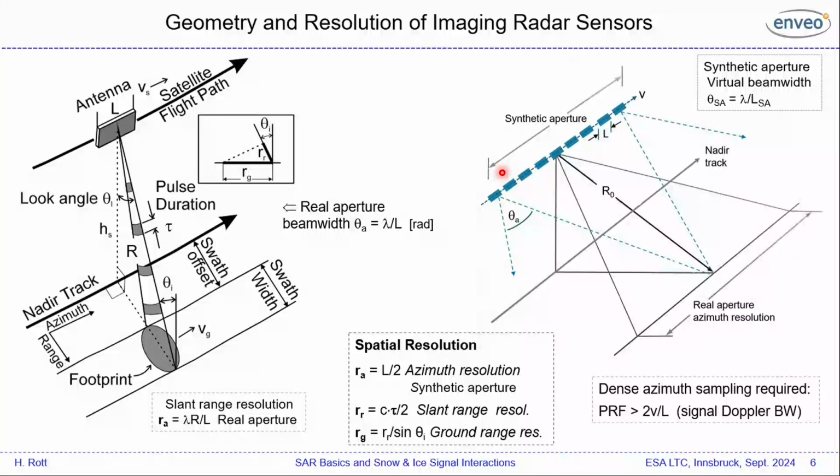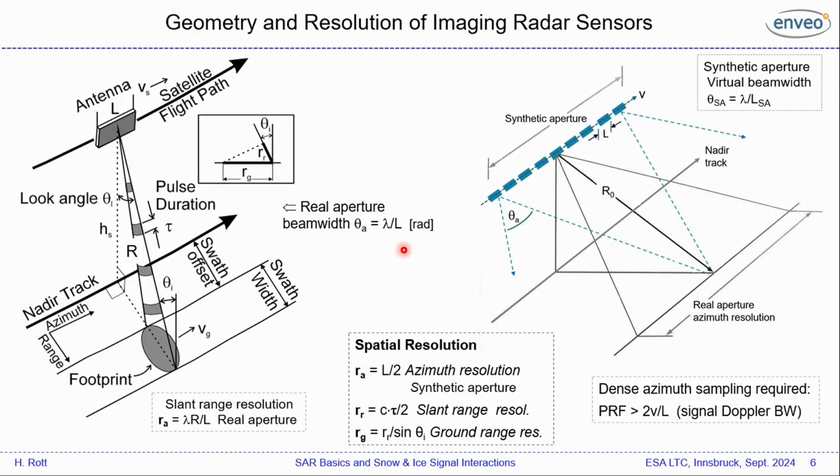Now, coming back to synthetic aperture, there the resolution does not depend on the distance, which is of course very nice. It's exactly given by half of the antenna length, which means the shorter the antenna, the higher the resolution.